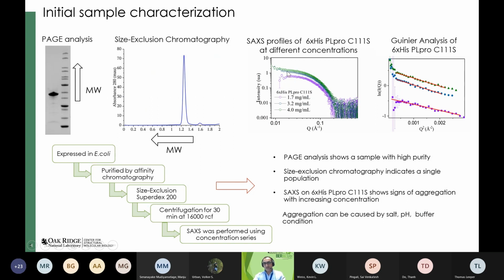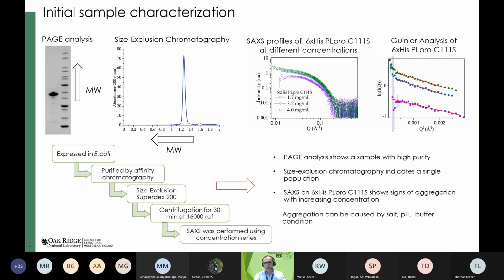But when we did the SAXS using different protein concentrations, we observed the presence of large aggregates in the sample. As we increase the concentration, those large aggregates show up even more strongly in the low Q. So this kind of sample can corrupt our data and not allow us to do the proper analysis.